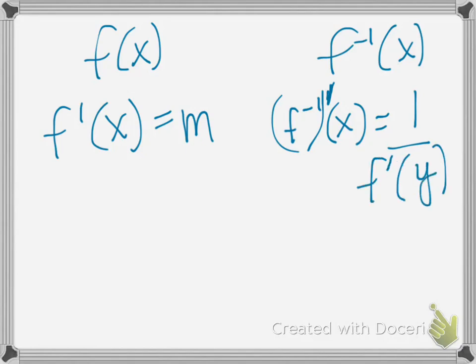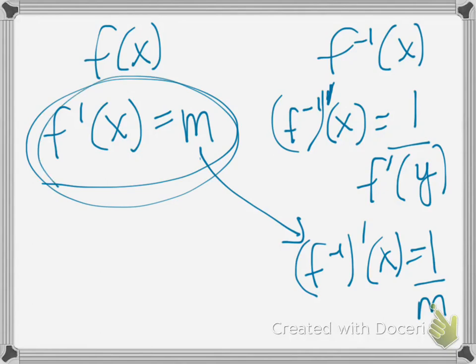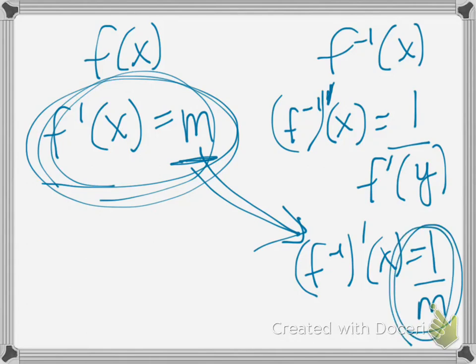And that y comes from the inverse function's y. So it's really just the reciprocal of m. The derivative of our inverse is just equal to the reciprocal. We haven't talked about that too much, but I wanted to summarize it now. So if the slope for our function is m, then the slope for our inverse is just the reciprocal.